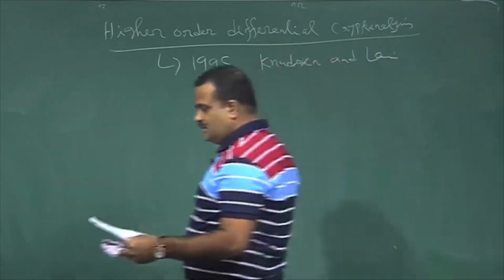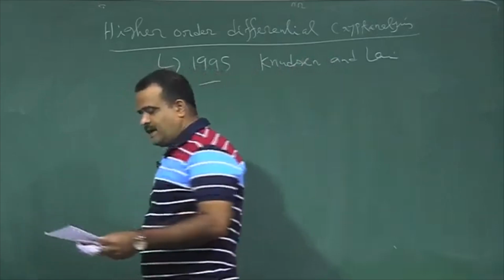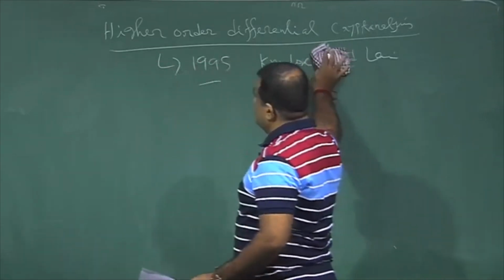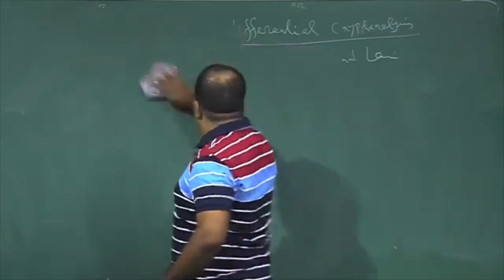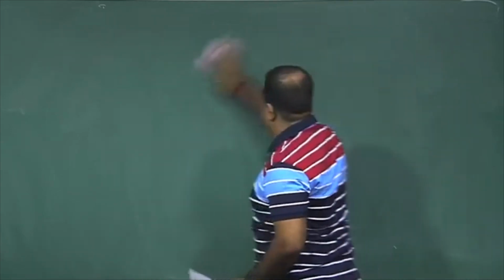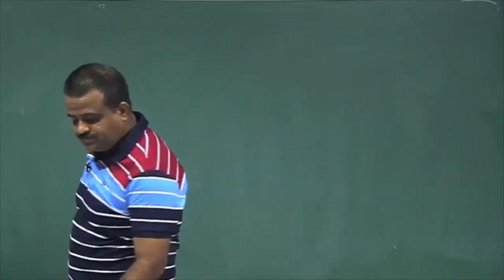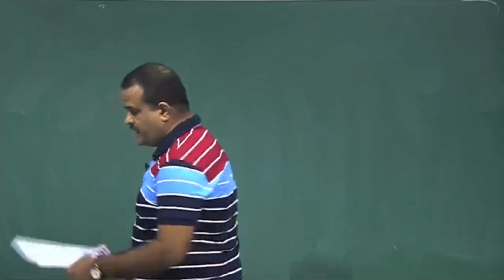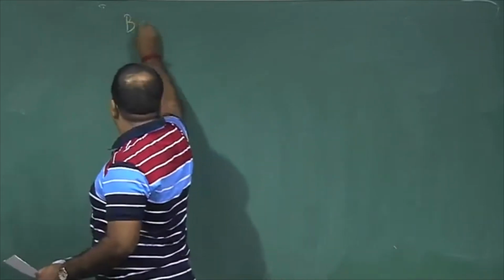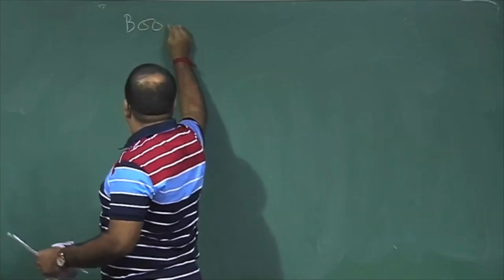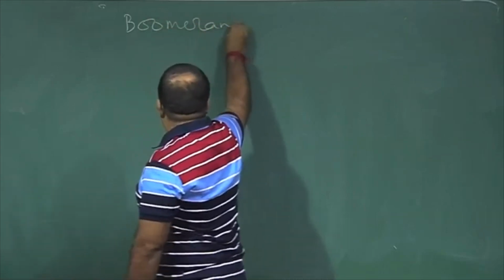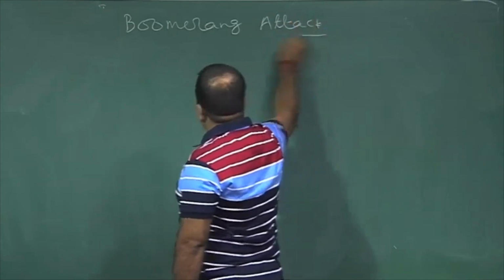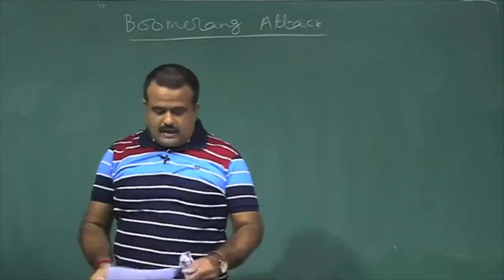Truncated differential attack was introduced by Knudsen in 1995, and another version of this differential attack is the boomerang attack, which we will discuss here. So, we will talk about boomerang attack on block ciphers.